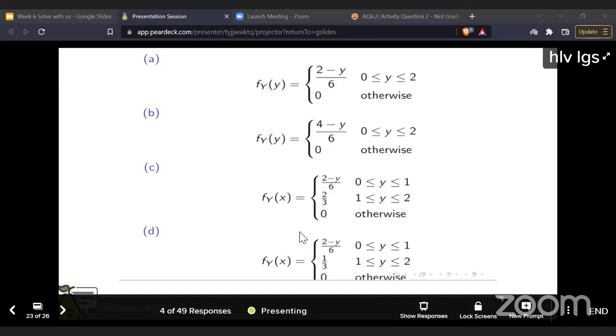Let's move to the solution part. You can try to solve.